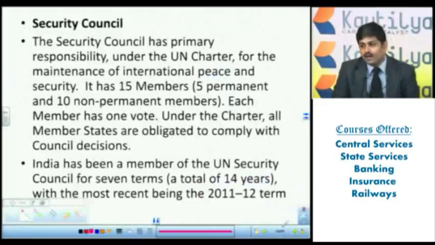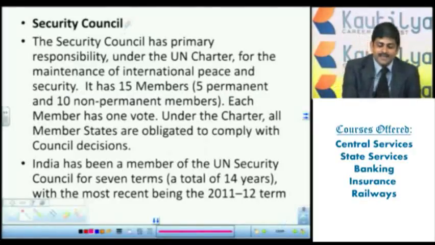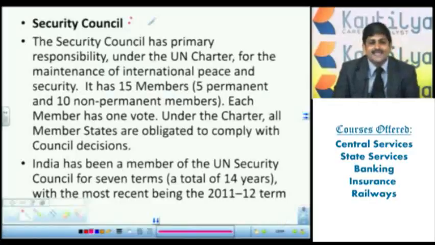In the United Nations General Assembly, decisions will be taken, but implementation of these decisions is not mandatory. That means the decisions taken in the General Assembly are not binding, but any decision taken in the Security Council is mandatory.